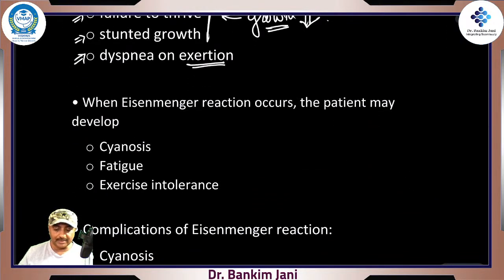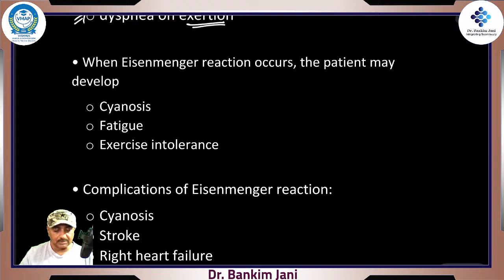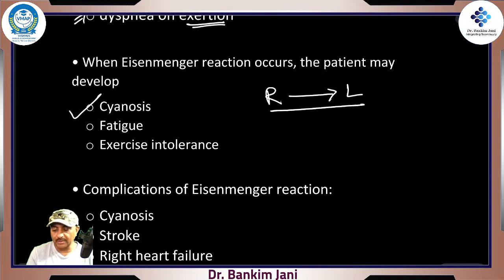Now when Eisenmenger reaction occurs, the patient will develop cyanosis, right? Till this point, our good blood was going to the other chamber. Over here, as right to left shunt increases, that is leading to cyanosis because CO2 has taken over.